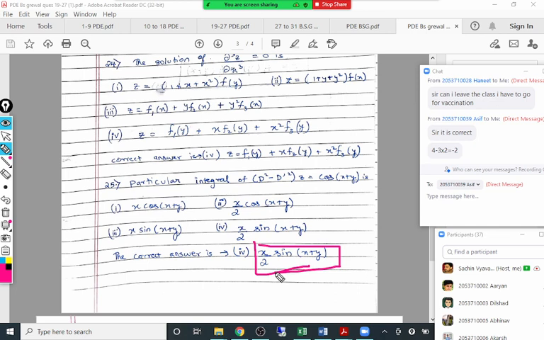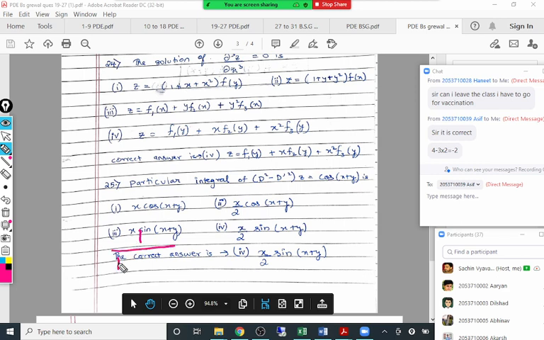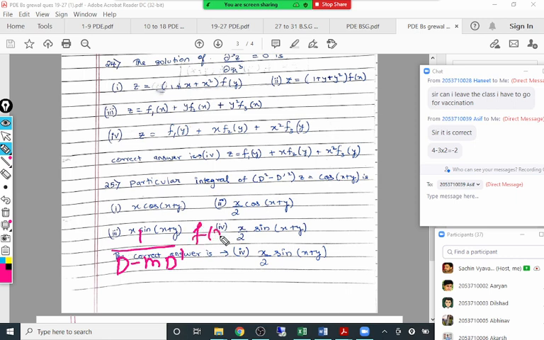So use a general method then. Use a general method to find that solution, because you already know this. We've seen this term. The general method says apply this factor d minus md dash. D minus md dash of f x is e raised to mx integration of e raised to minus mx f x dx, something like that.